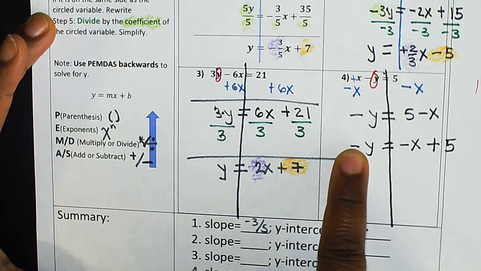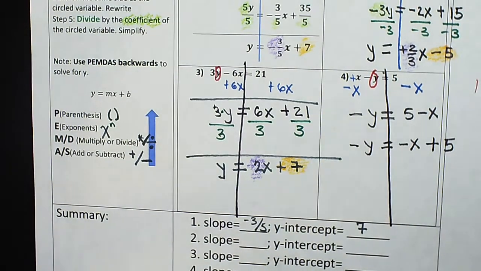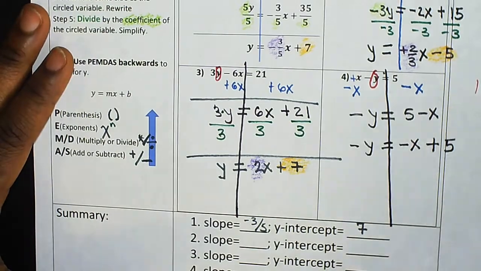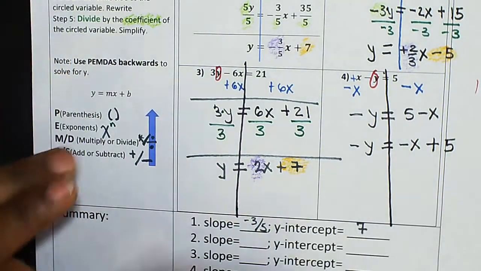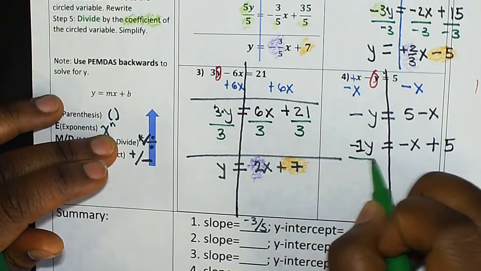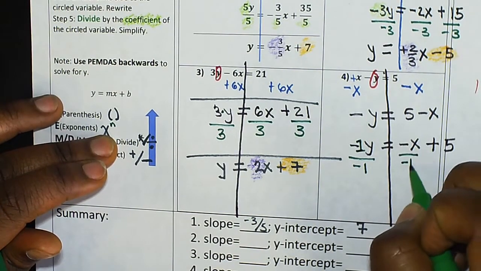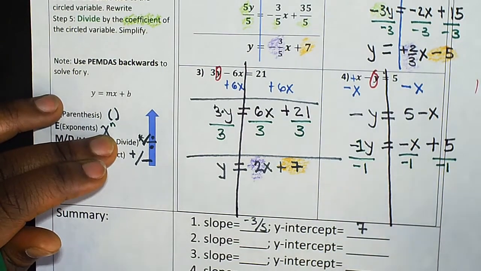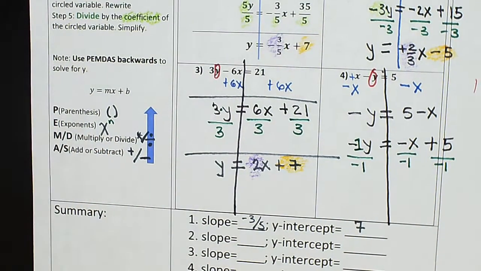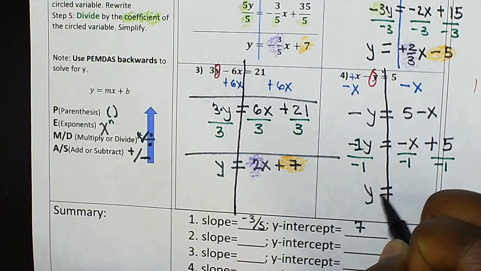Now we're going to divide the number that is the coefficient. So now what is this coefficient right here? I don't see a number. There's no number. Well, it's an invisible 1. So we're going to divide by -1. Now y is by itself.